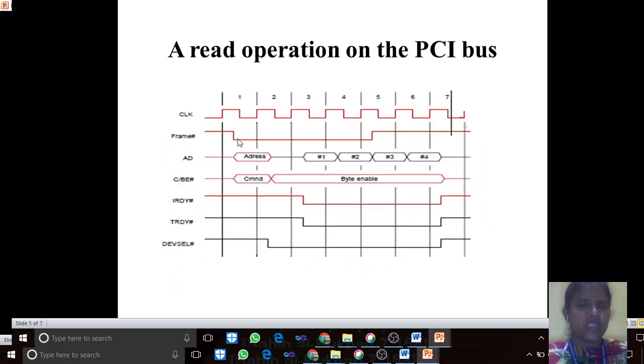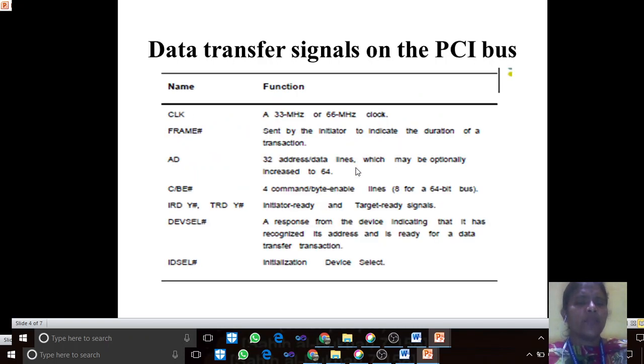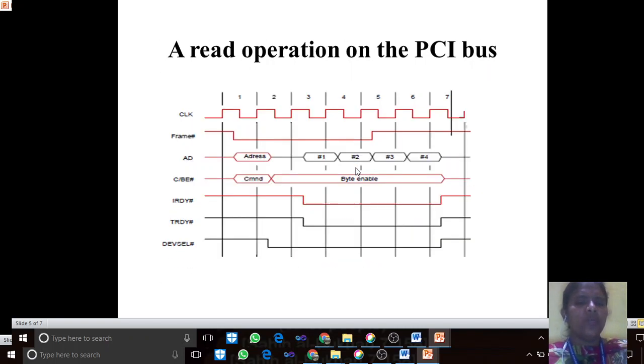The transaction takes place over about 4 to 5 clock cycles. So the address is placed, and it starts with clock 1, 2. That means it takes four contiguous clock cycles.